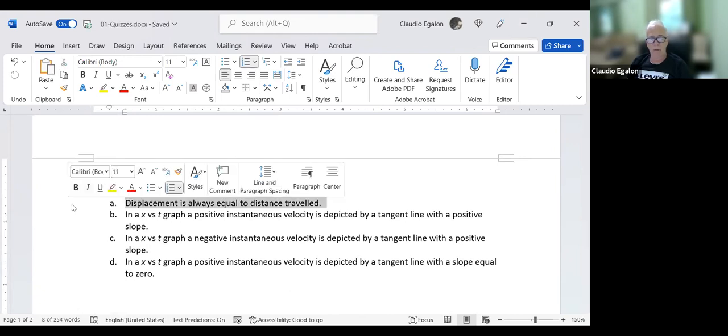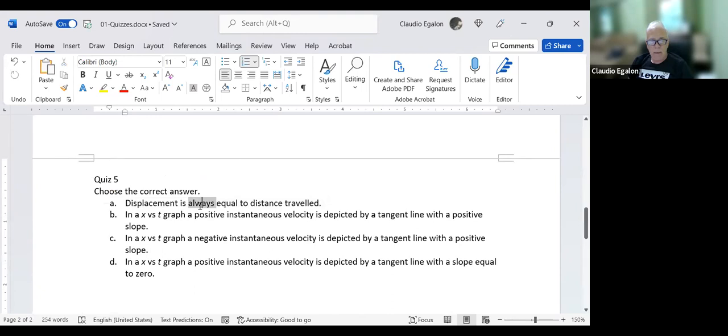Is that correct or not? Well, sometimes displacement is equal, but not all the time. Because I put always there, that doesn't apply. And then we have the cases of x versus t graphs.